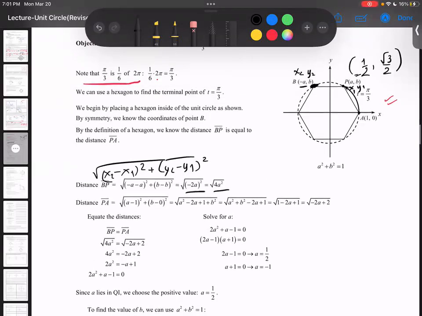And then you do the same thing for PA. A minus 1, all of that squared, plus y2 minus y1, b minus 0, all of that squared. Now you simplify. A minus 1 squared, you have to write out twice and FOIL it. You end up with a squared minus 2a plus 1, plus b squared.